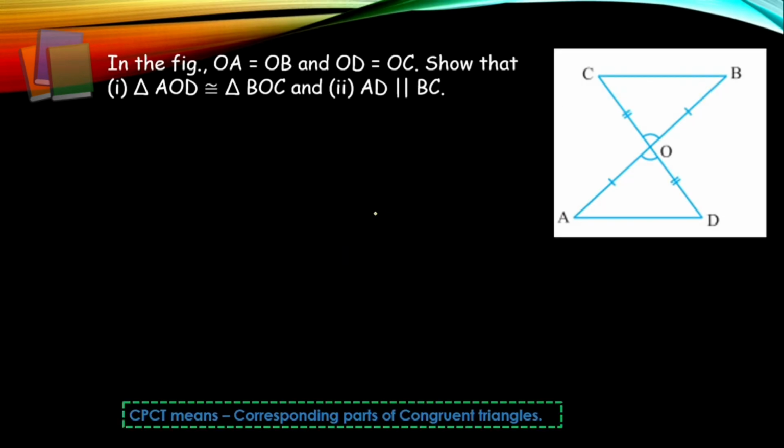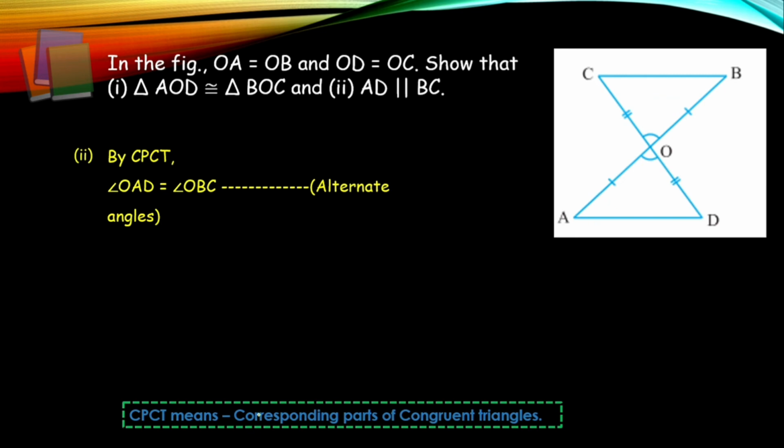Now let's have a look at the second part of the question. It says prove that AD is parallel to BC. So by CPCT, we can say that angle OAD is equal to angle OBC. Here we have two lines AD and CB, and there is a transversal called BA.